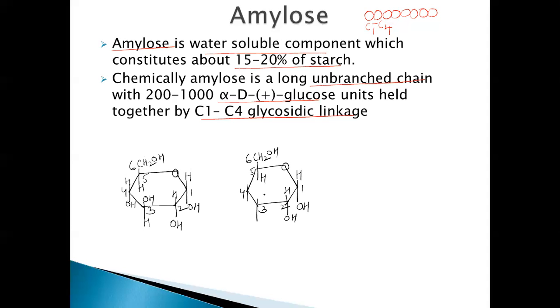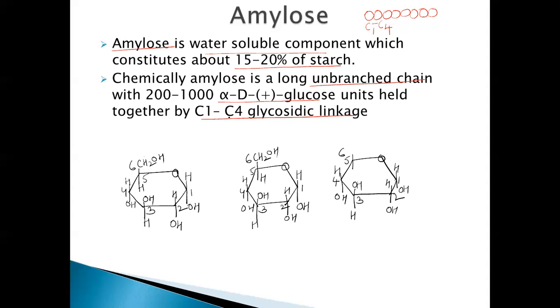H, OH, OH, H, H, OH. One more glucose unit I write here, the same alpha glucose with one oxygen. Number them 1, 2, 3, 4, 5, and 6. Filling up H and OH here. So what are the linkages we find here?